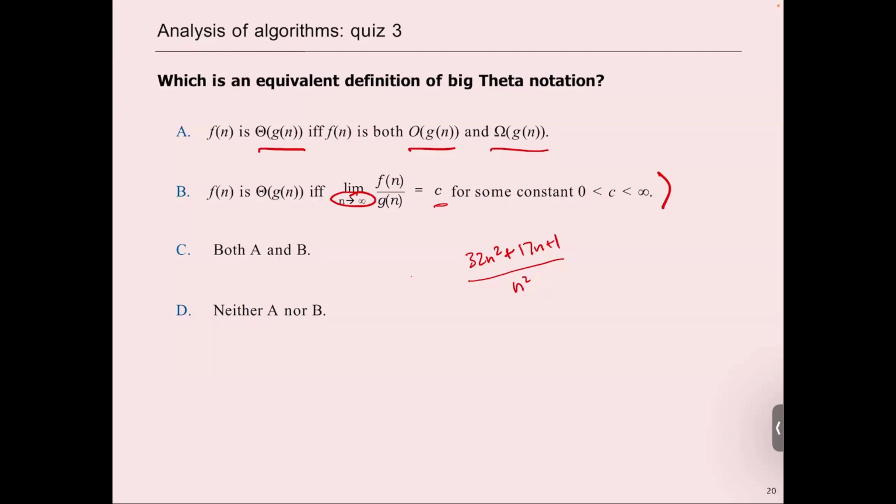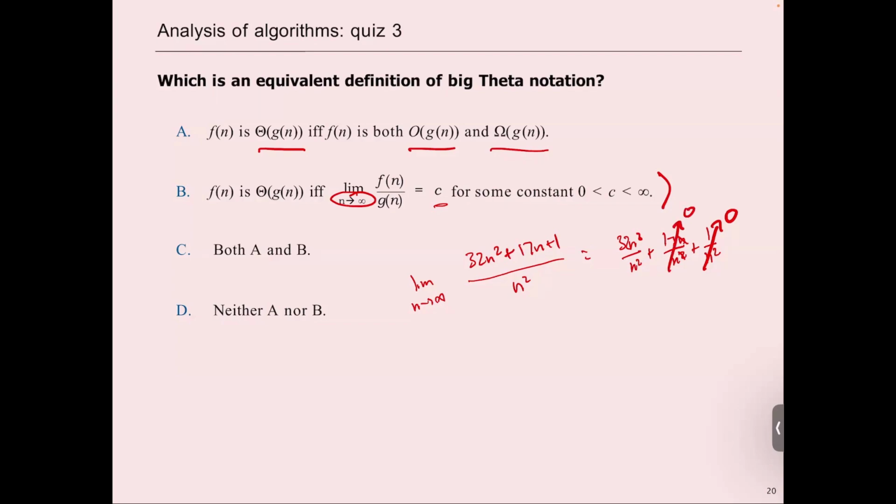As you take the limit of this as n approaches infinity, what's going to happen? Well, you can split this up into 32n squared over n squared plus 17n over n squared plus 1 over n squared. As n goes to infinity, 1 over n squared just goes to 0, because 1 over infinity is 0. For the 17n over n squared, the n's cancel, so you have 17 over n, which still goes to 0.